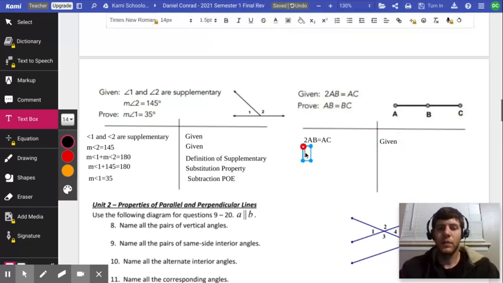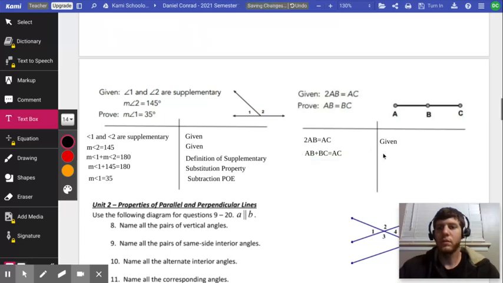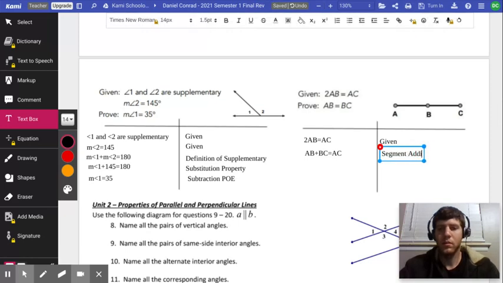By the segment addition postulate, AB plus BC equals AC. If B is between A and C, then AB plus BC equals AC. The first part plus the second part equals the whole thing.